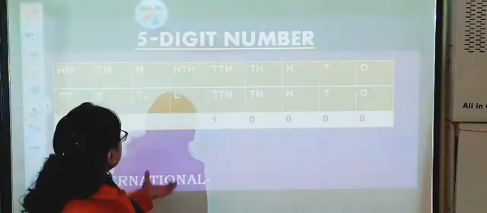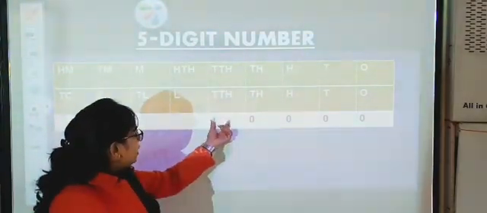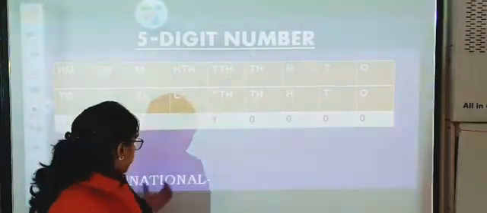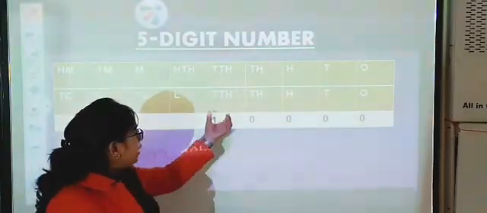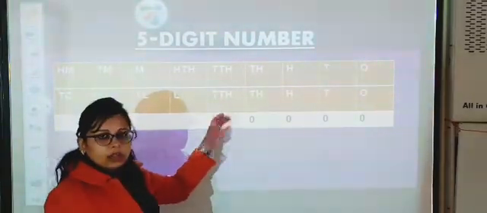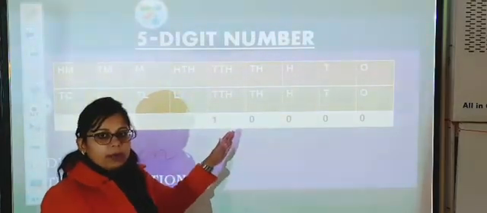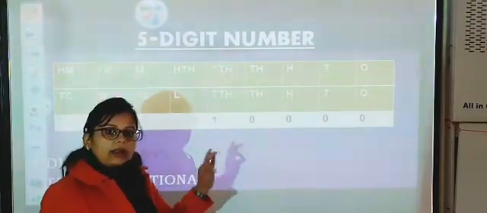According to the international number system, 1 lies in 10,000, so we call it 10,000 again. So when we have a 5-digit number, both number names are similar.